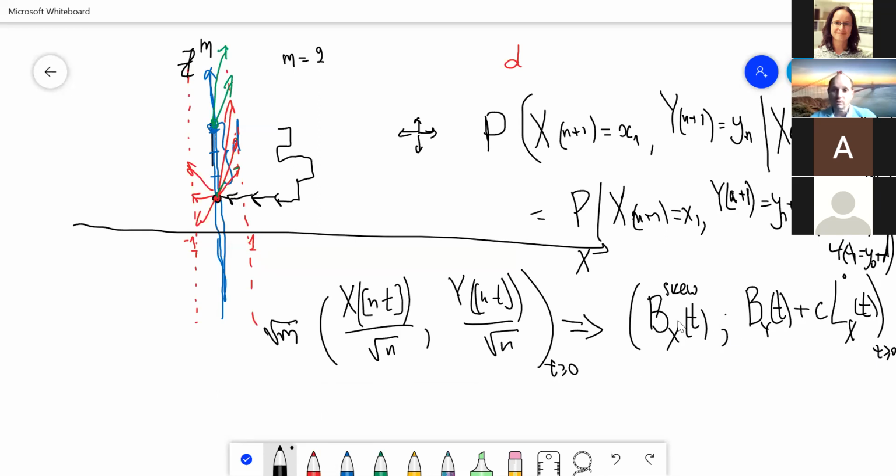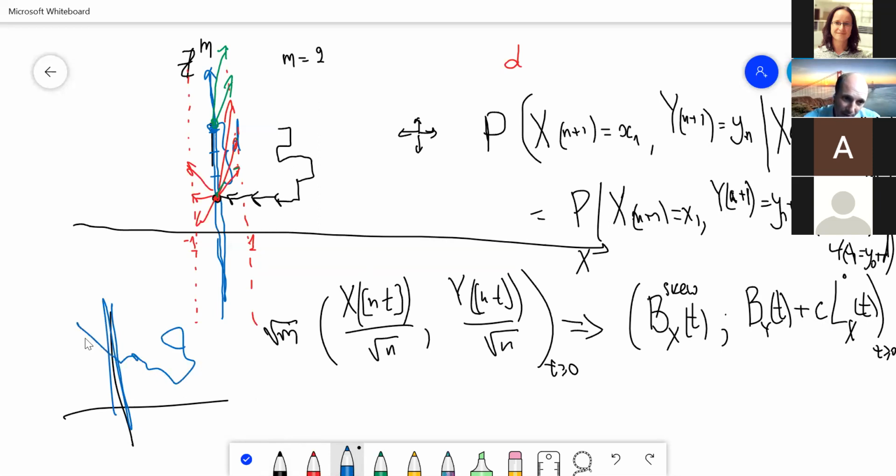If not, then you have a skew Brownian motion, and you see the second coordinate is a Brownian motion plus a local time of the first coordinate at 0. So we may say that in some sense you have a Brownian motion here with a semi-permeable membrane that pushes in some direction from this membrane.